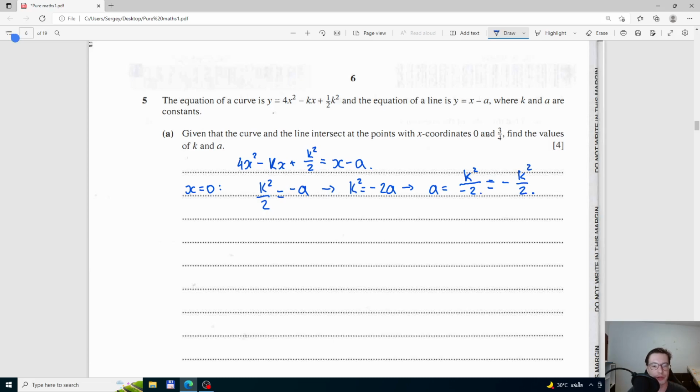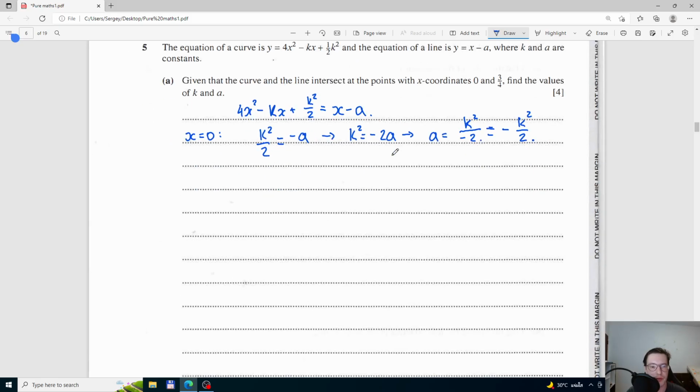I will leave it for now, and I will proceed to the second point, where x equals 3 over 4. Now, I'll have to substitute x equals 3 over 4 into the initial equation, this one. Which gives me 4 times 3 over 4.